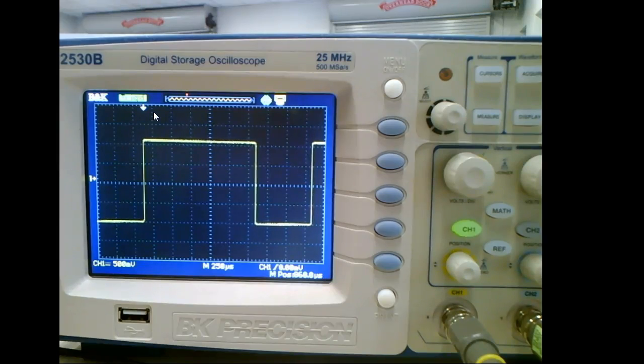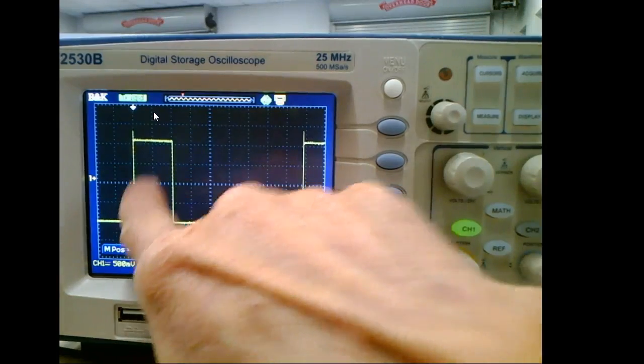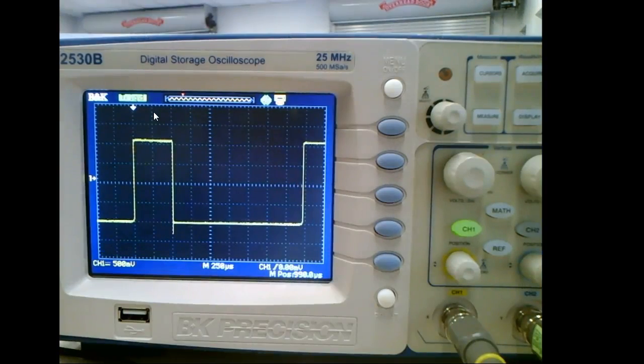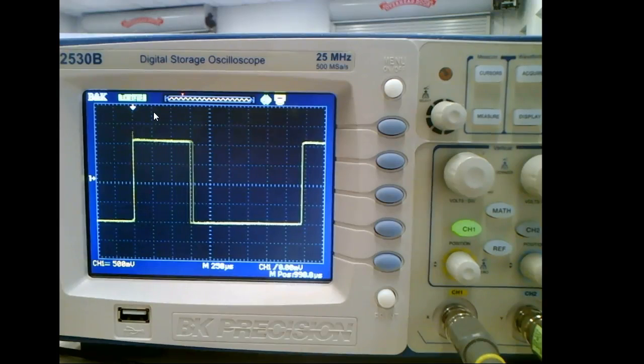Notice, I might have changed the frequency a little bit. But what I want you to notice is this rising edge and this rising edge don't change.